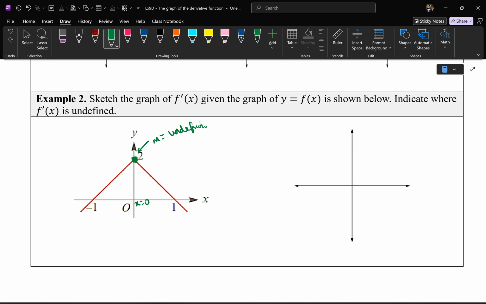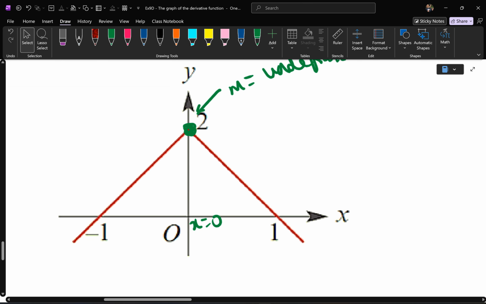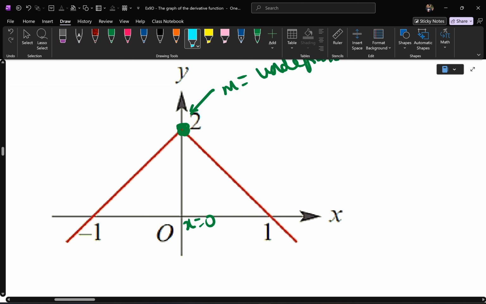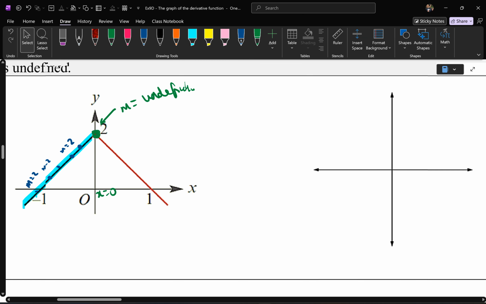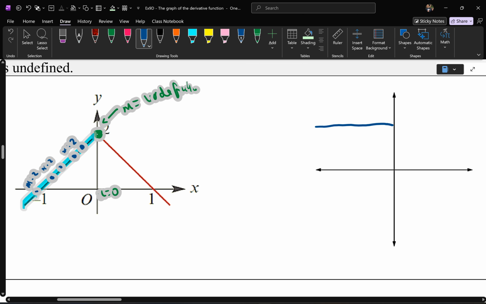And the reasoning for this is, you can see they're both straight lines, and we've already done derivatives of straight lines. We know that's a nice horizontal line with a gradient of, well, that's 1 across, 2 up, so it's a gradient of 2. So we know that this line will always have a gradient of positive 2. So it looks like this. If you were to sketch it, on the left side it should be a gradient of 2.